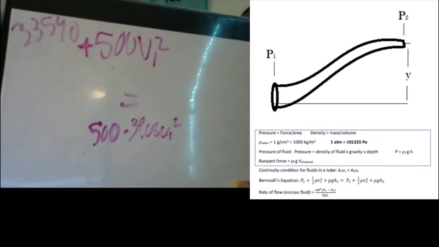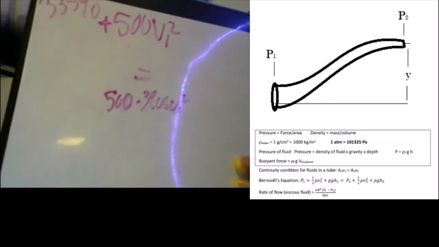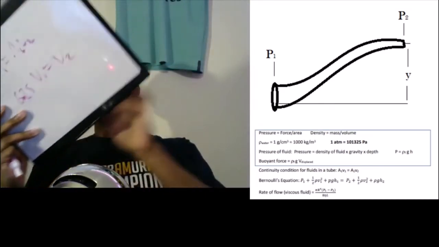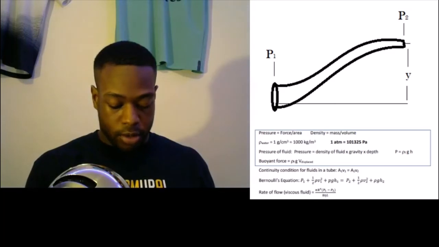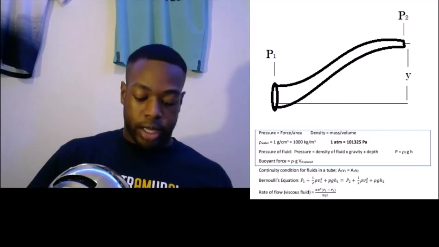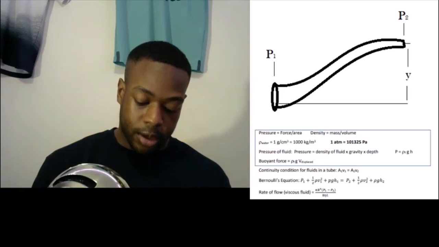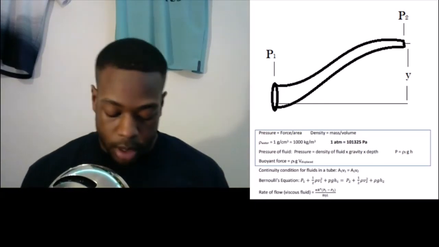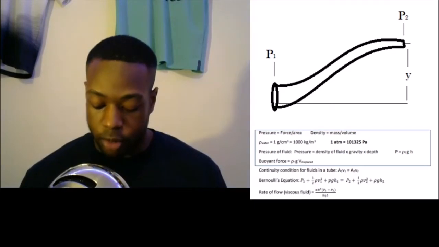33,540 plus 500 V1 squared equals this 500 times 39.06 V1 squared. So we do 500 times 39.06. Simplifying that even more, we get that right side to be 19,530 V1 squared.